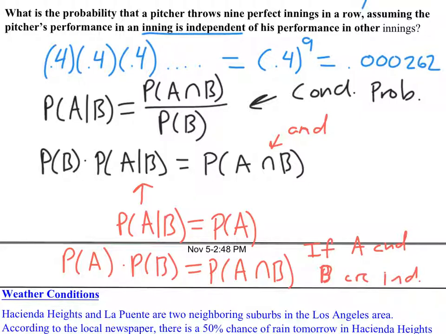Okay? These two formulas really are the same thing, but the one in red does have the condition that the 2 events are independent. Okay, the one in black you could use all the time because you're factoring in the condition of B.